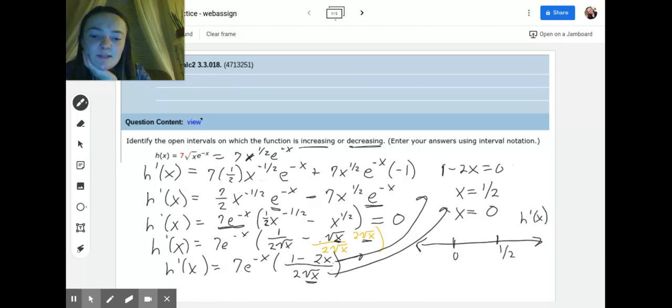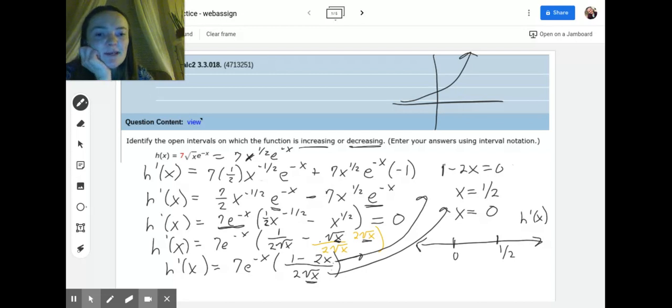All right, so if I plug into the first derivative a number that is less than 0, let's see, 7 e to the negative x, regardless, is always going to be a positive number. Any number raised to an exponent, your exponent being x, it can't be negative. There's really no possibility of that because if I graph e to the x, it looks like this. It never crosses the x-axis.